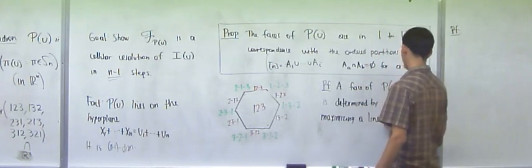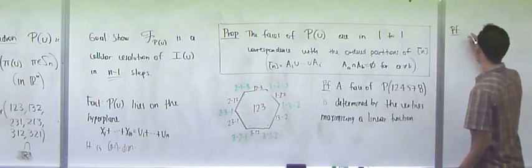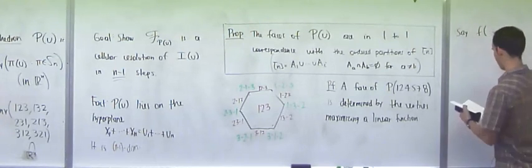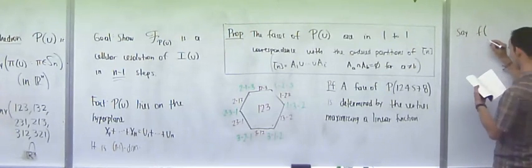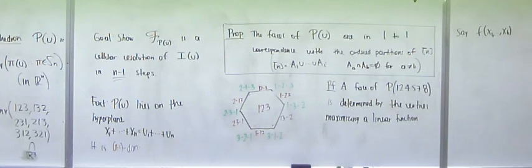Let's say that our linear function is something in 6 variables because we live in 6 dimensions. And I'm just going to choose something like this maybe.